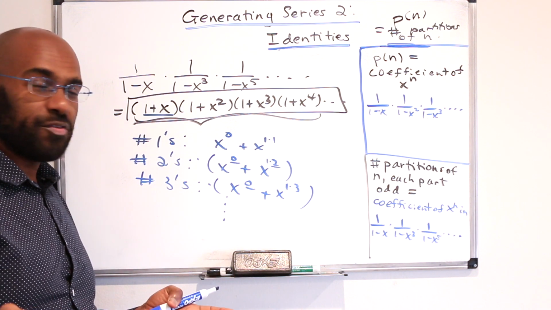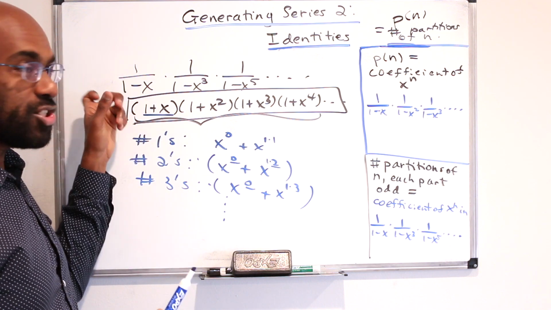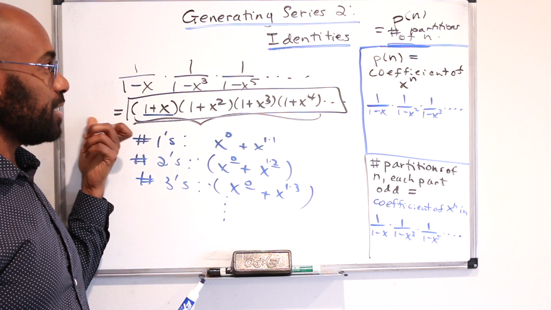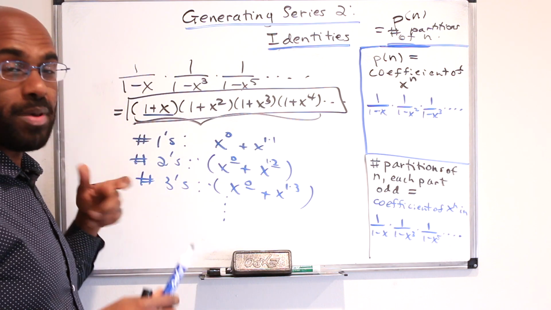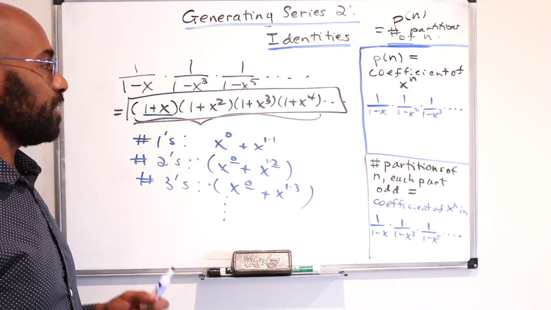That's fascinating if you think about it. And the reason we were able to see this is because of massaging the generating series. And this is one of the things that you get with generating series: identities like this that you may not have seen otherwise.